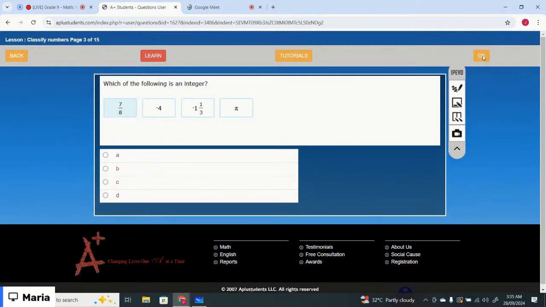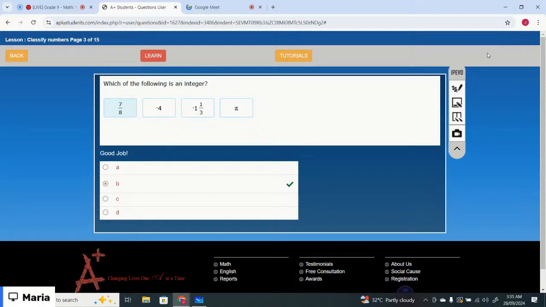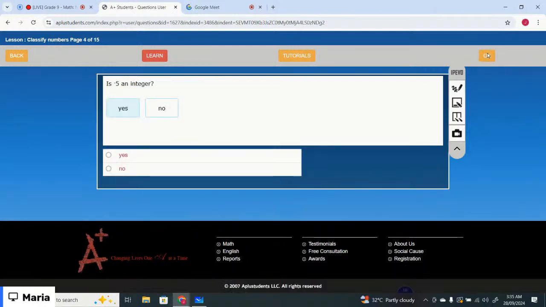Which of the following is an integer? Which is the correct option? Integer is negative 4. Option number B is the correct option. Is negative 5 an integer?